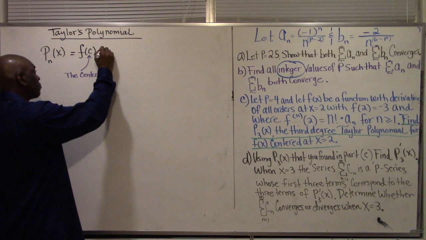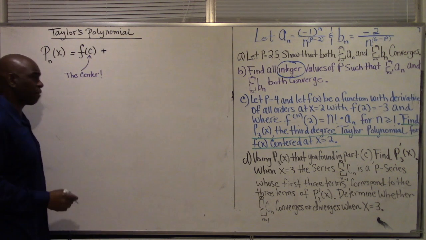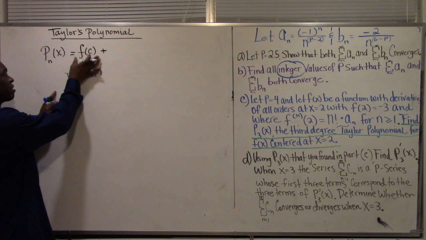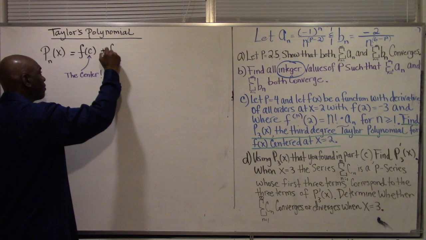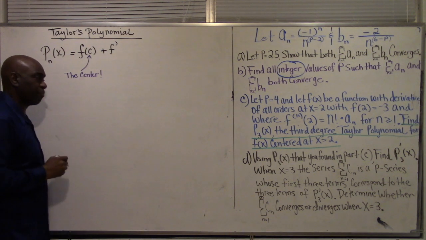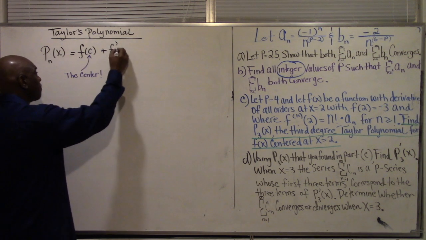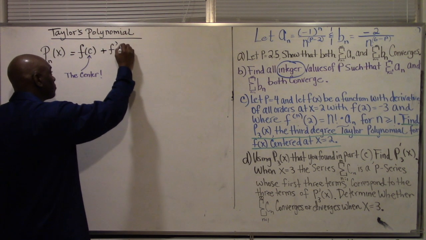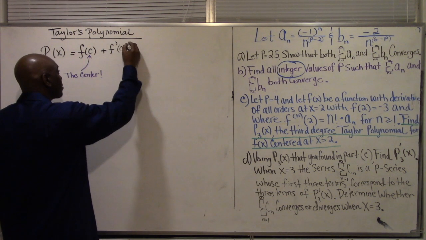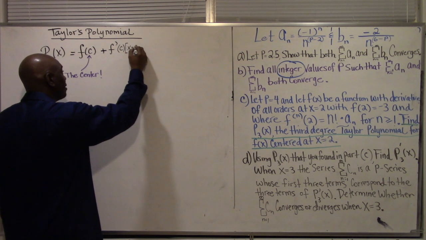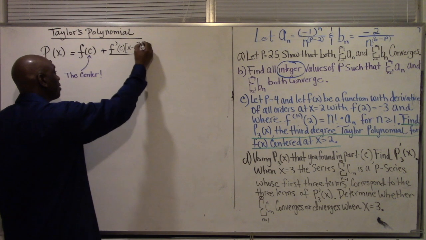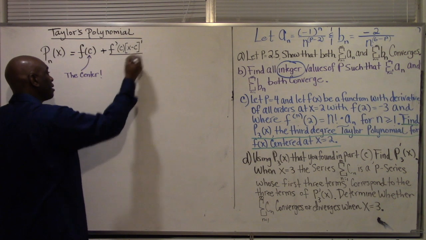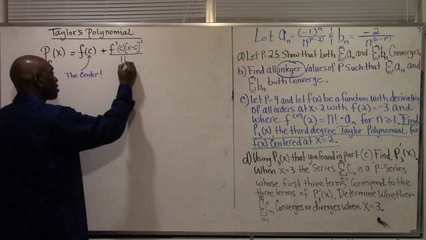Plus, now, if you understand this, the next term is going to be pretty simple because it's going to be plus f, the first derivative, evaluated at c, times x minus c to the power of 1, divided by 1 factorial.